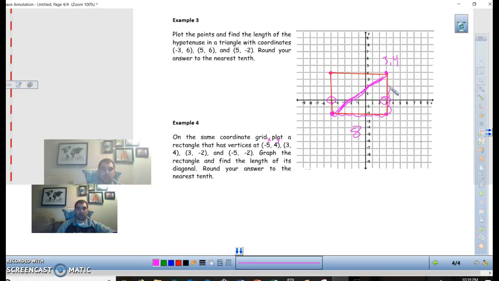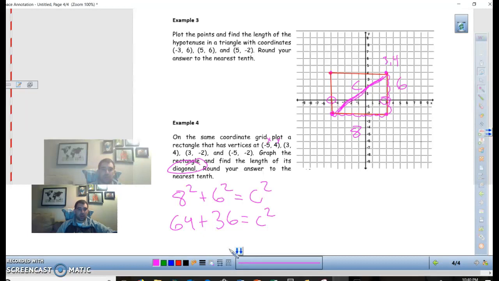And 1, 2, 3, 4, 5, 6, from -2 to 4. So we have an 8 squared plus 6 squared equals c squared, where c represents our diagonal length. So 64 plus 36 equals c squared. You need to finish this problem and find the distance of c.